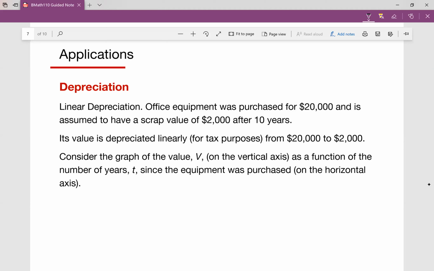Okay, so let's see in here. I would love to circle this one. You should know that the office equipment was purchased for 20,000. So what does that mean? That means this is a fixed cost that you spend at first. So I'm going to say F equals 20,000.